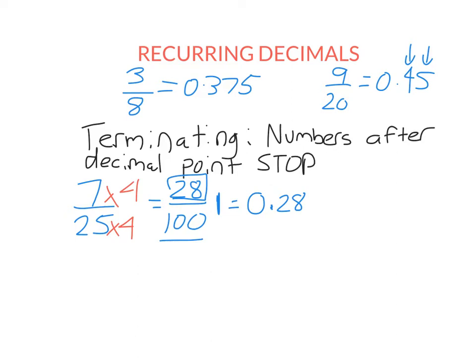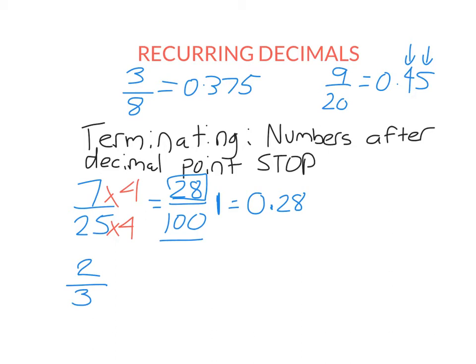But what I wanted to point out is that the method where I make the fraction have a denominator equal to a power of 10 won't always work. If I want to, say, convert the fraction 2 over 3 into a decimal, I can't use that method. 3 doesn't go into 10, doesn't go into 100.